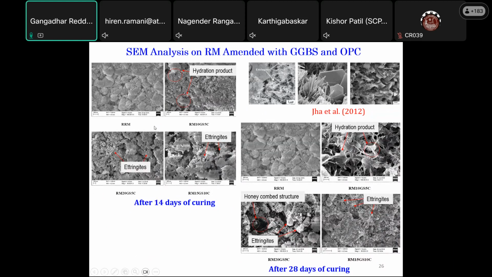Here this SEM image clearly shows that there is a formation of weathering heads. And I made some kind of comparative study using the published data, which shows some kind of weathering head formations in the red mud stabilized structures. Okay, so you can see some of the samples are also forming honeycomb structures and ettringite structures as well.